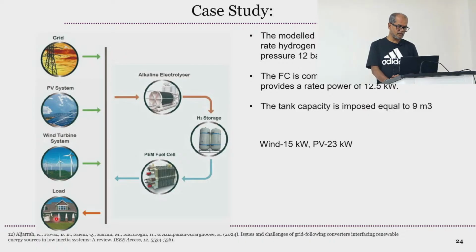Then you have a number of devices like PV and wind. You have load, but also the green hydrogen system, like electrolyzer, storage, and PEM fuel cell. What happens in this type of study is that when one of them is in operation, the other one actually stops.